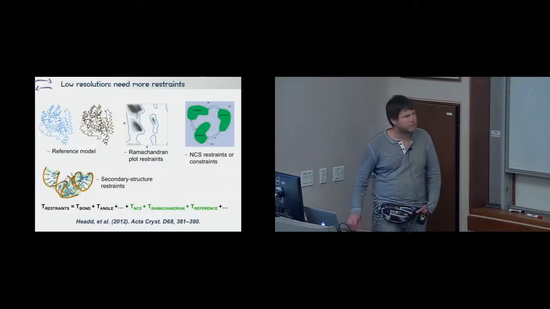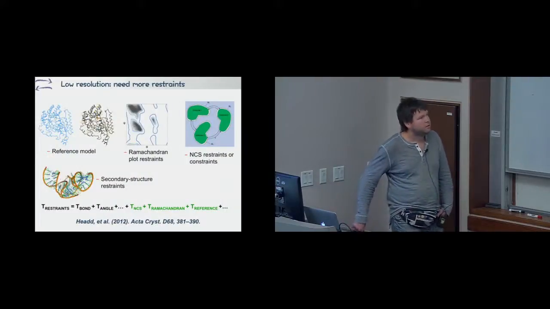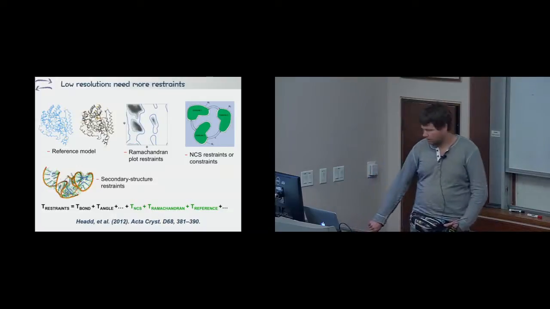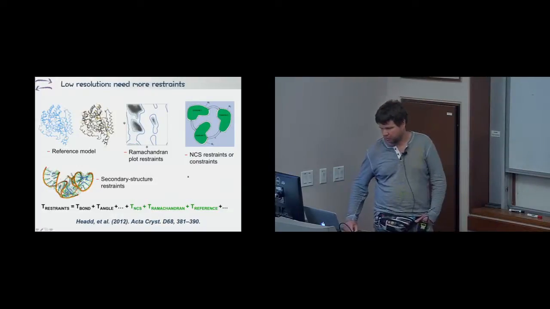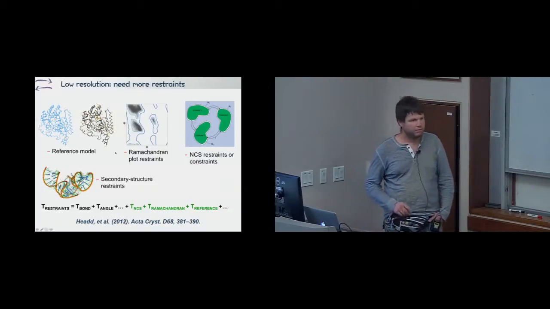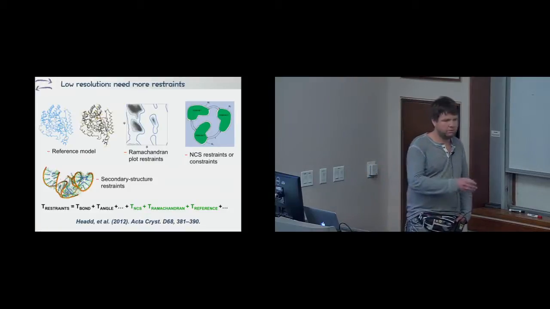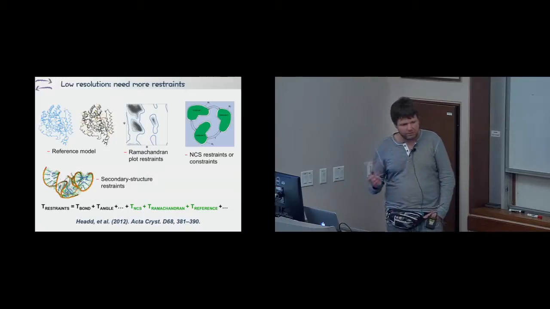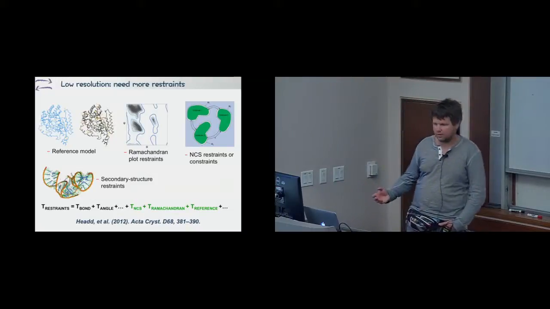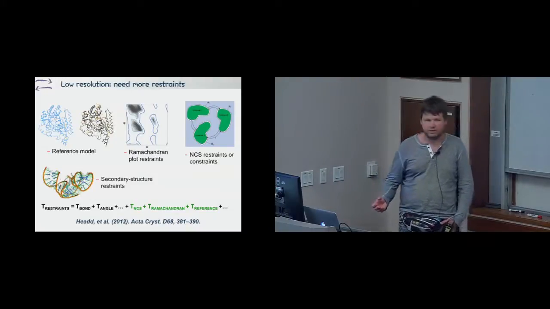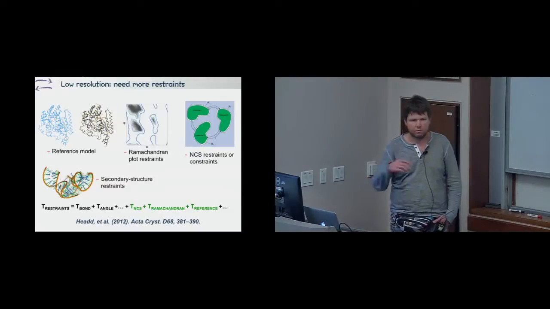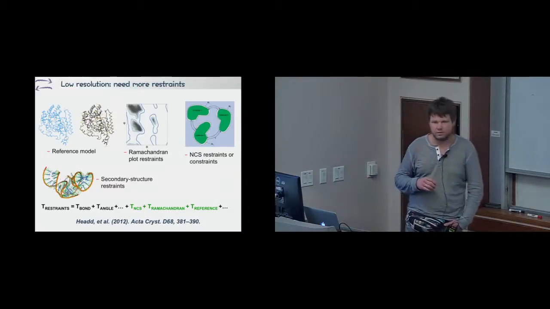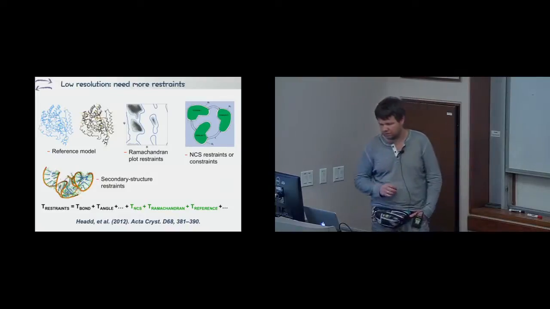Those extra restraints can be a number of things. One is reference model restraint. If the low-resolution structure you work on happens to have a similar structure solved at higher resolution, then that high-resolution structure may inform refinement of the low-resolution structure, being used as a reference through restraints.